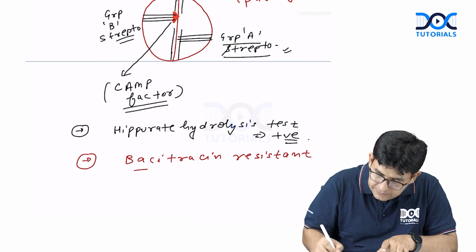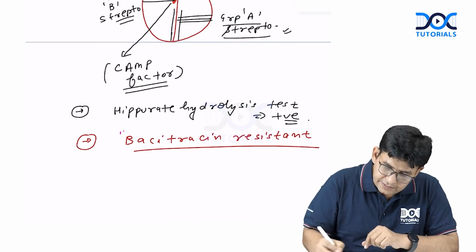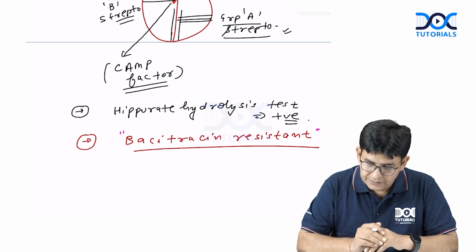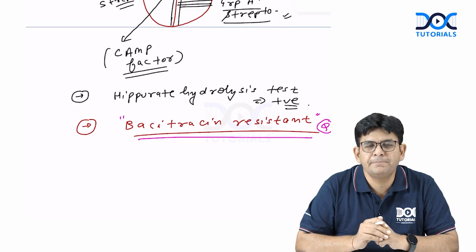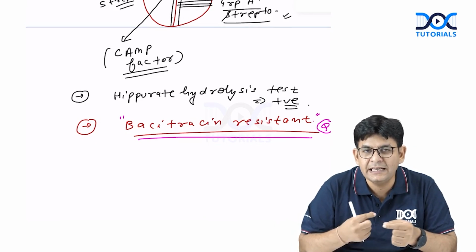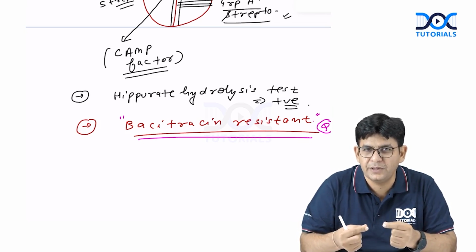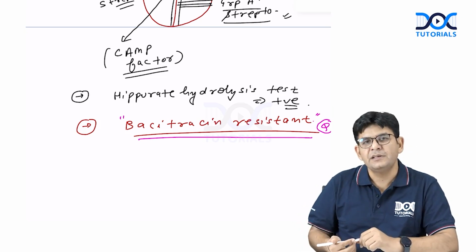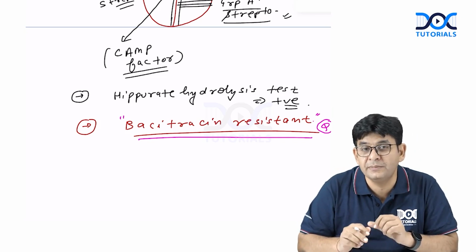The bacitracin does not act upon the Streptococcus agalactiae. And this question was there in the NEET PG, that they have given a case scenario of meningitis, and in that the second last line was showing that it is found to be bacitracin resistant, and it's a gram-positive cocci. Name the organism. The organism is Streptococcus agalactiae.